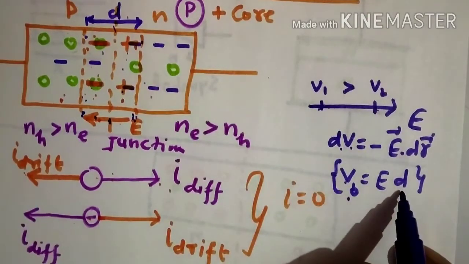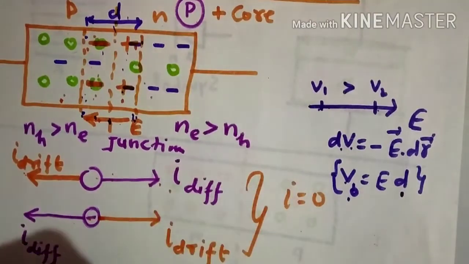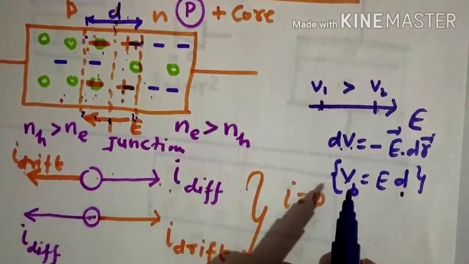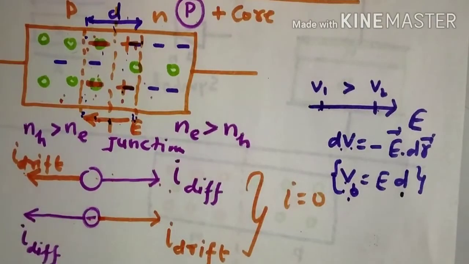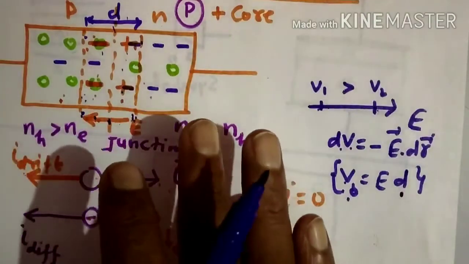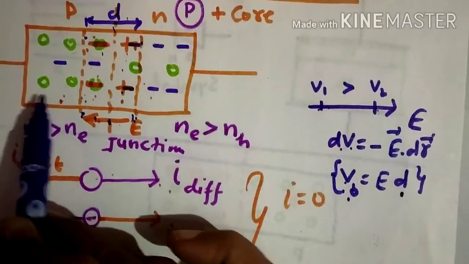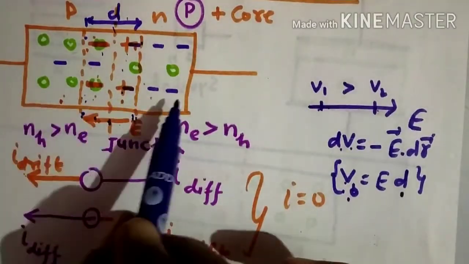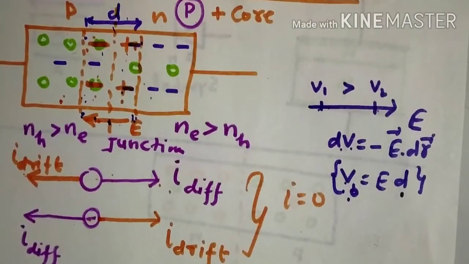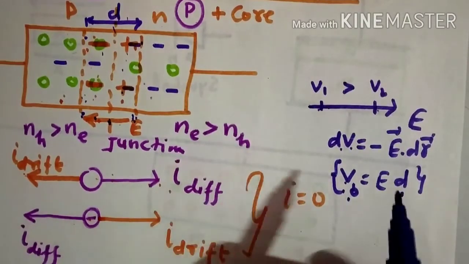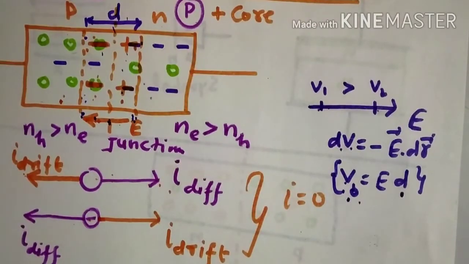And when the width of the depletion layer decreases, the barrier potential will decrease. Just see the name, barrier. When the barrier decreases, we can think the current carriers will start crossing the junction and current will start passing through the diode. That's why the study of barrier potential is very important.